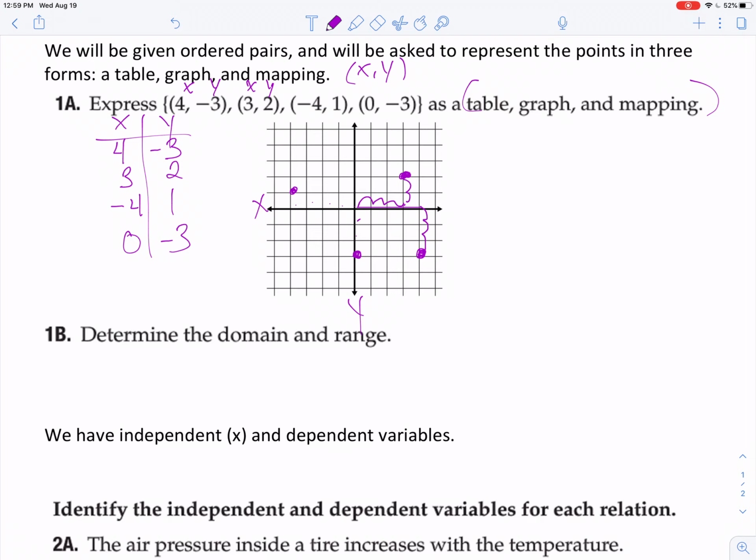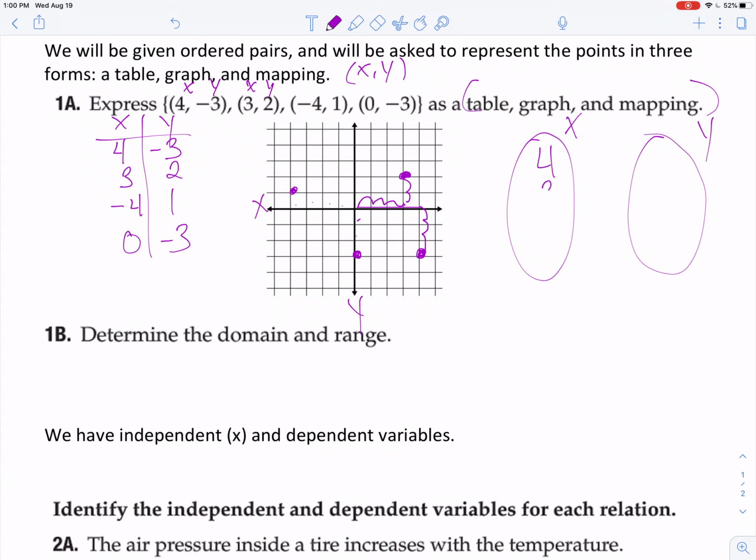All right, then a mapping. This is pretty cool. Draw a bubble, and draw a second bubble. And I want you to write the x values in the first bubble and the y values in the second bubble with one catch. Don't write duplicates more than once. So like for x's, everything's normal.